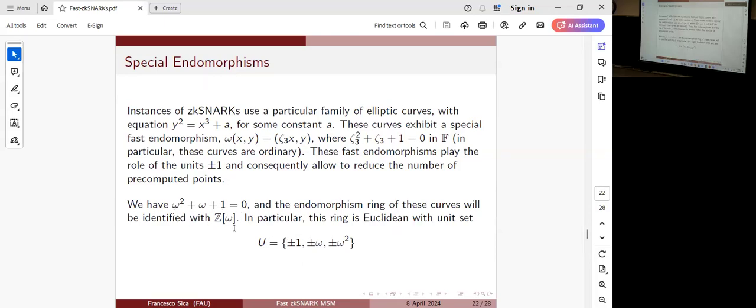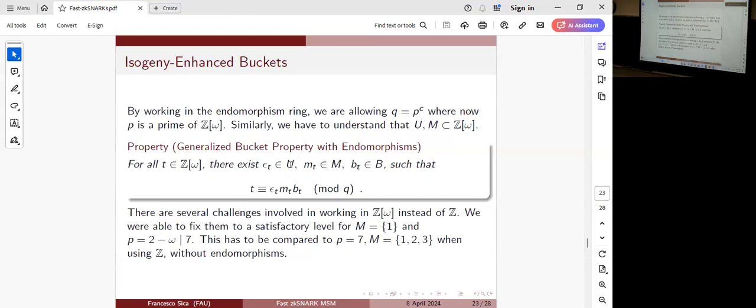So this omega here can be viewed as a complex integer in this field, the cube root of unity. This has 6 units, which are these ones, and we are not only using plus or minus 1 now to be computed on the fly, so plus or minus p, but also plus or minus omega p and plus or minus omega squared p.